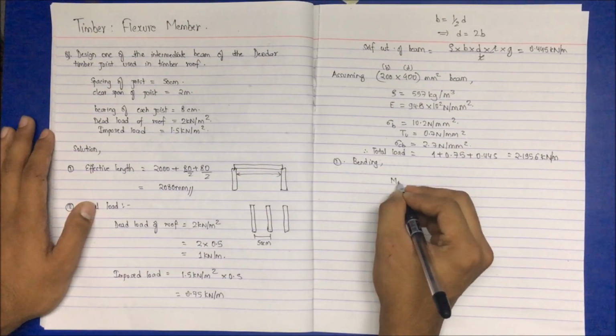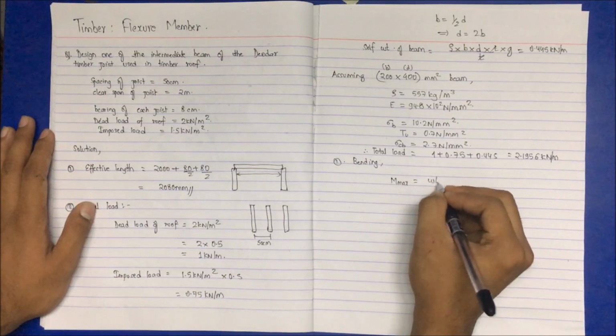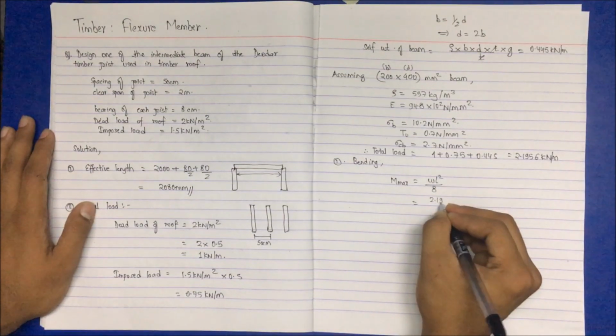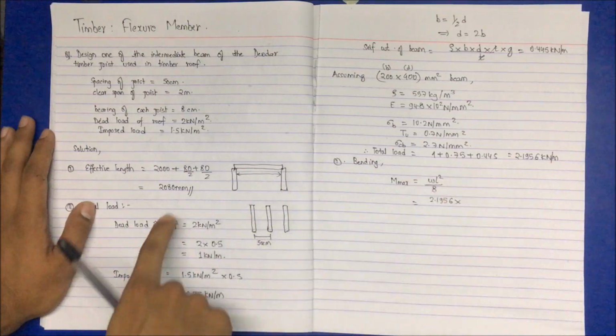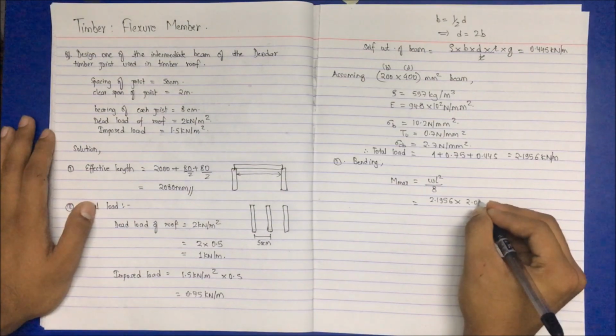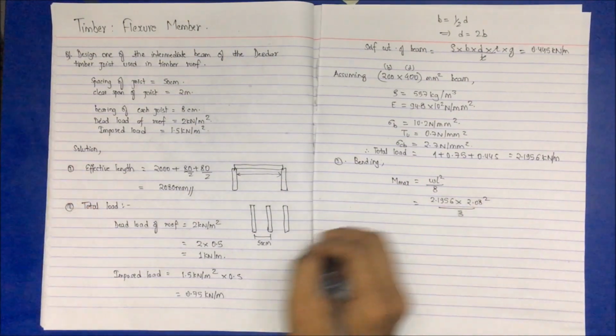Now calculate bending moment, for which M max is given by WL square by 8. W is the load, 2.1956, multiplied by L, the effective length, 2.08 square, divided by 8.